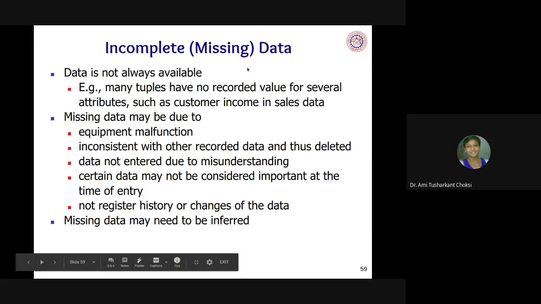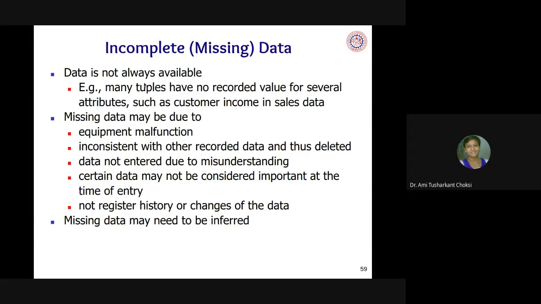So, incomplete or missing data. Data is not always available. Many tuples have no recorded value for several attributes, such as customer income in sales data. People may not feel like giving the value for that. So what should we do? Put compulsion on the customer to give the data?